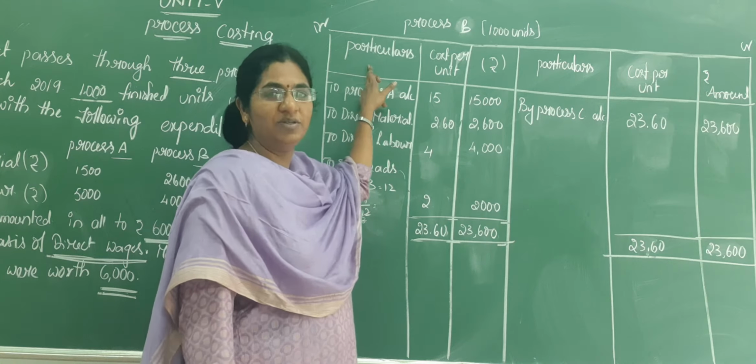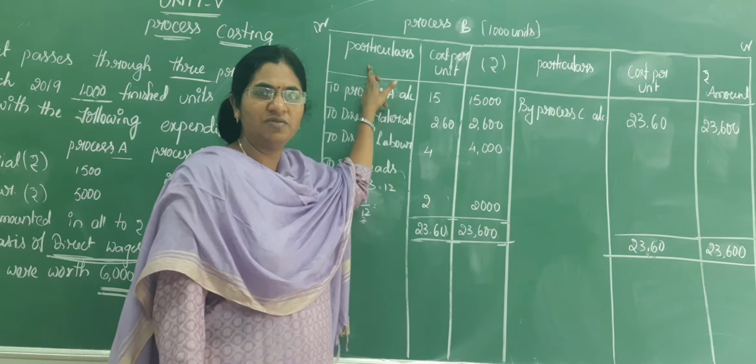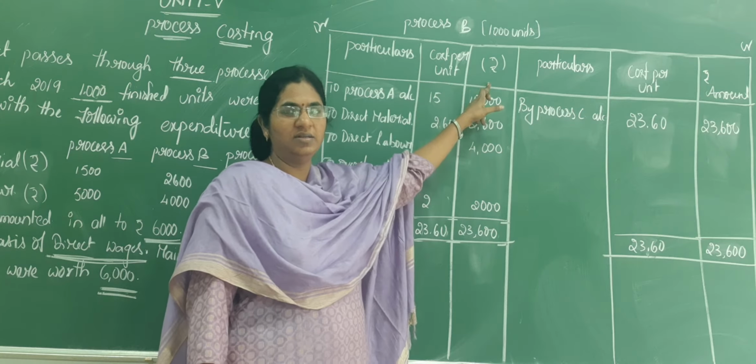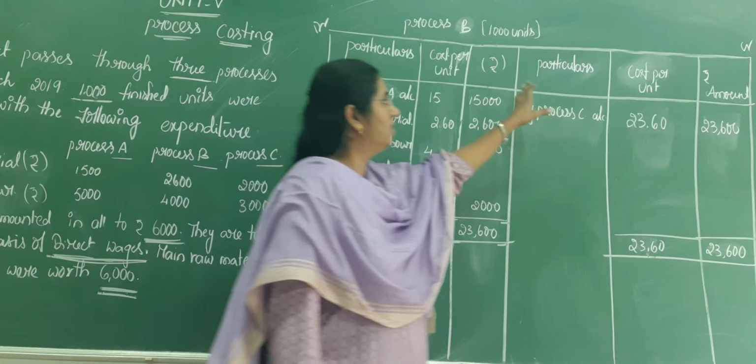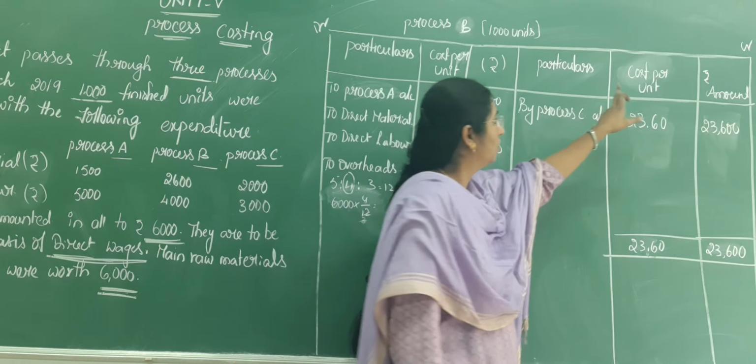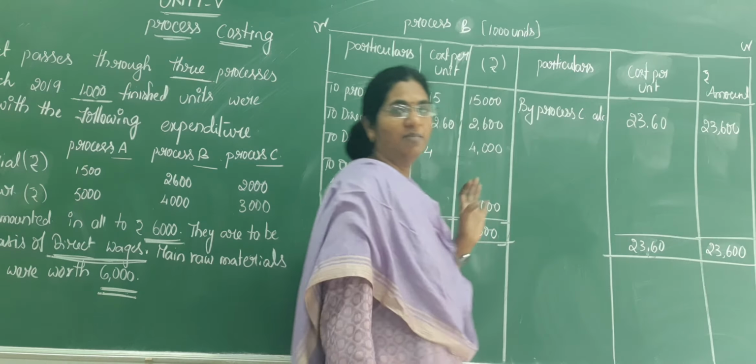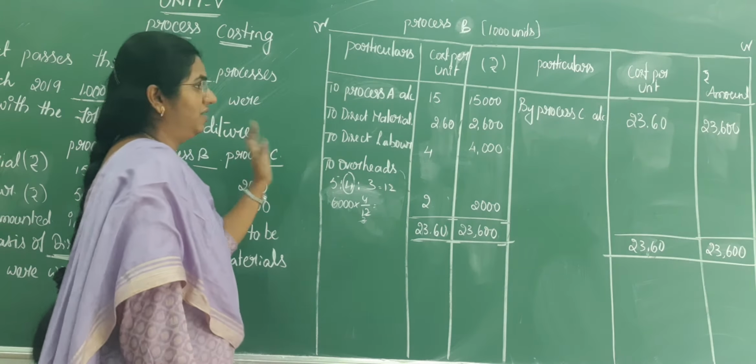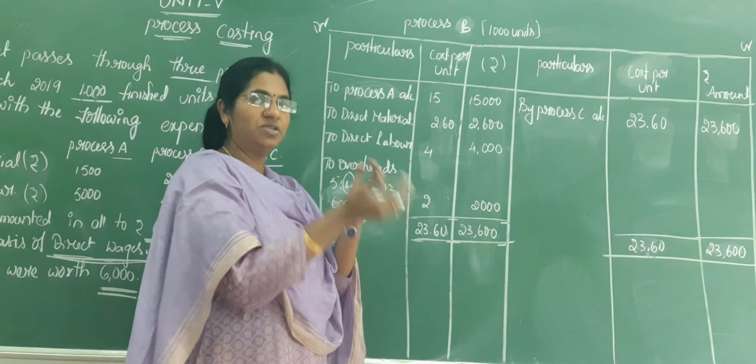Okay, now observe, the process for writing the account for process B is the same. Particulars, per unit and amount. Similarly on the credit side, particulars, cost per unit and amount. Now we need to write. What do we need to transfer first?